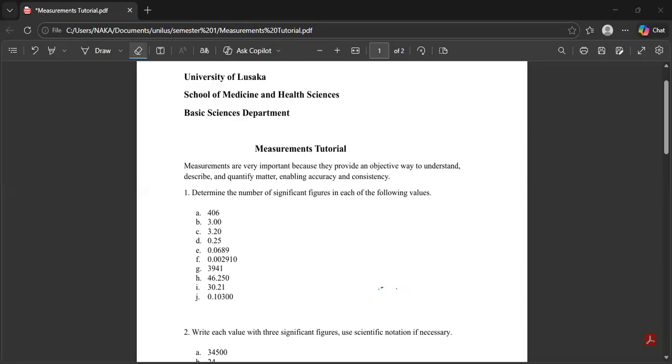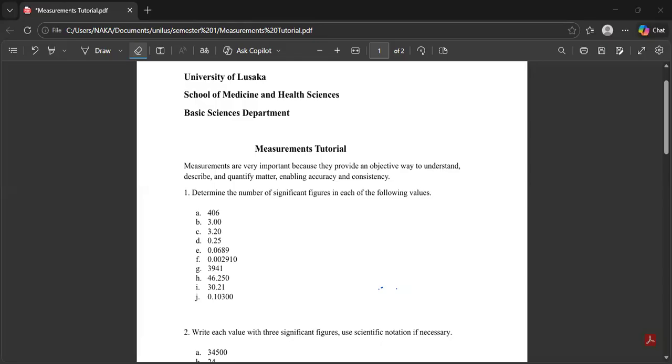So in this number, you're going to have 5 significant figures. That's for trailing zeros. If there's no decimal point, they are not significant. If they are after a decimal point, they are going to be significant.